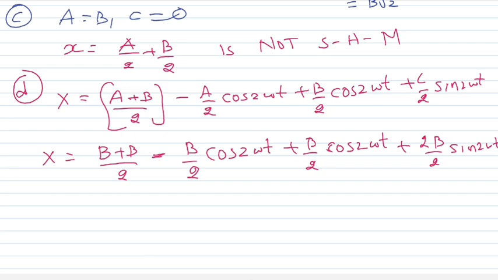So now we can see that B by 2 cos 2 omega t and B by 2 cos 2 omega t will be cancelled. So now x is equal to B plus B sin 2 omega t.